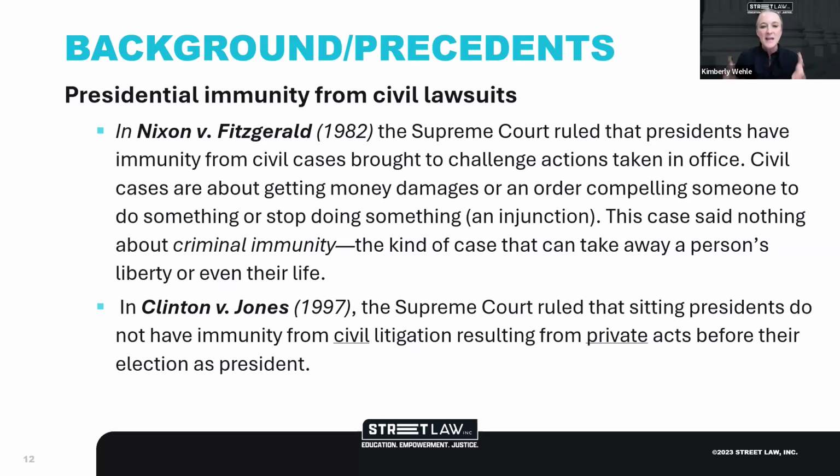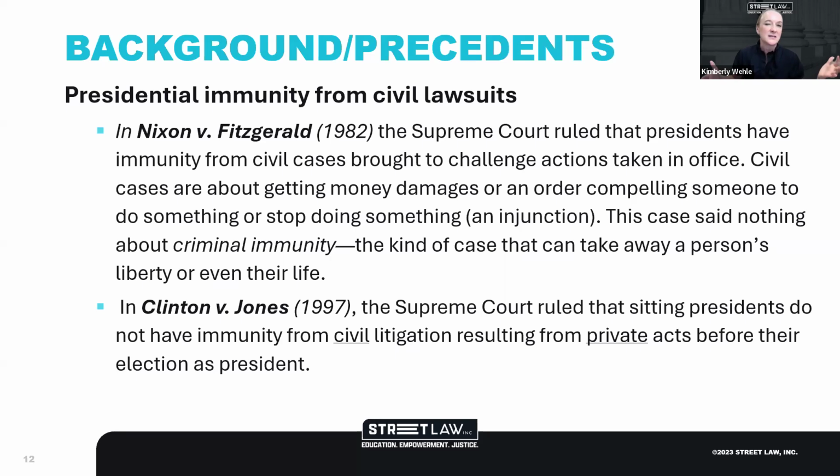The second big case was Clinton versus Jones. Nixon was the precedent, and Clinton versus Jones involved a civil lawsuit for sexual harassment, filed based on actions Bill Clinton took when he was Arkansas governor. He wasn't president. So the question was, if it's based on pre-presidential conduct, does that immunity apply?